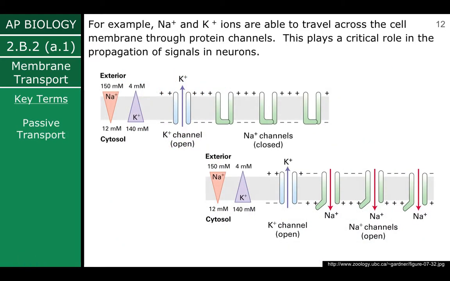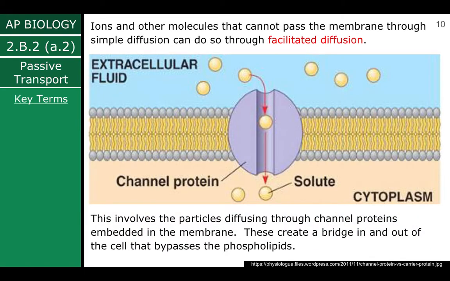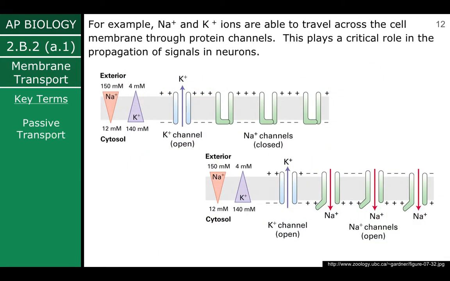A really, really important example that you are going to need to know in biology for facilitated diffusion is what's called the sodium-potassium pump. So that's an image here. Sodium and potassium are going to be passing through different protein channels and it helps with neuron signaling.